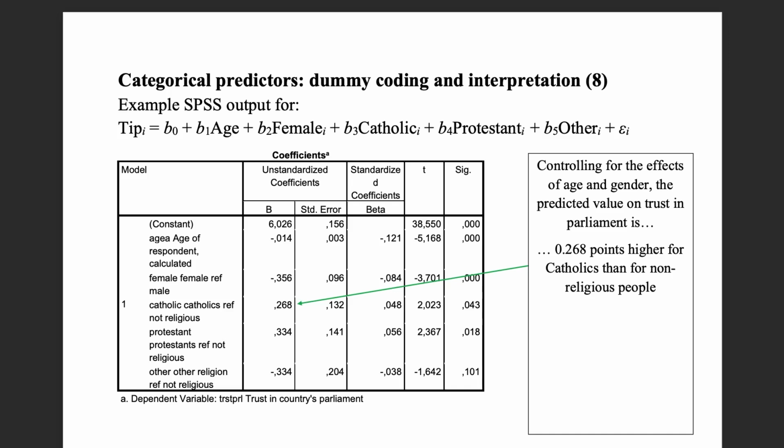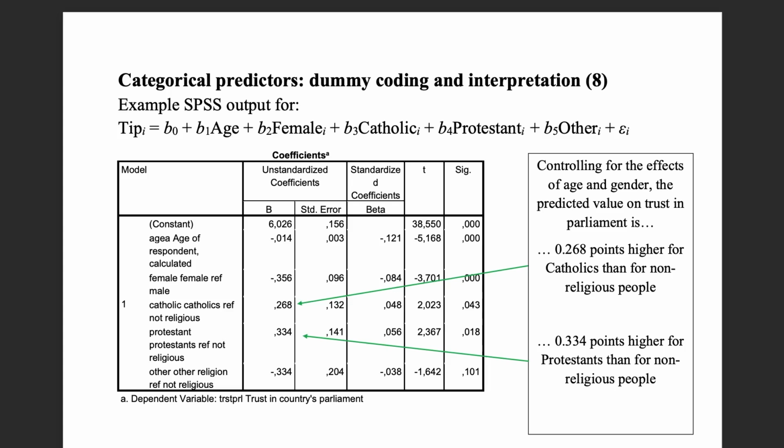Yeah, so in this case, the predicted value on trust in Parliament is 0.268 points higher for Catholics than for the non-religious people, and it is 0.334 points higher for the Protestants than for the non-religious people. Again, we picked the non-religious people as the reference category, so we have to interpret all of our dummy coefficients as relative to that category.